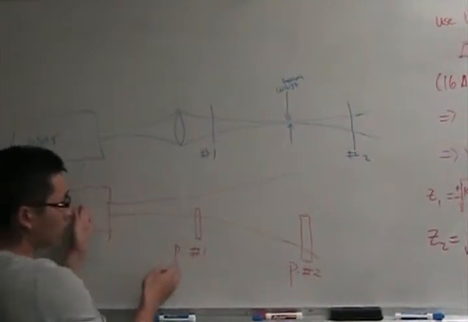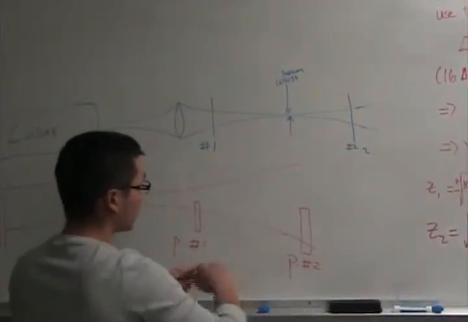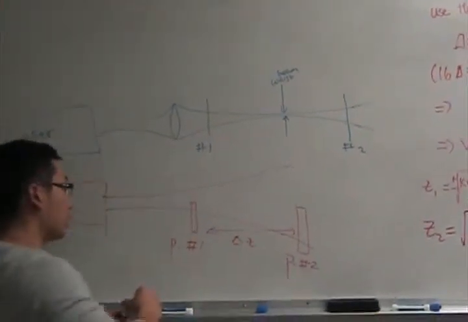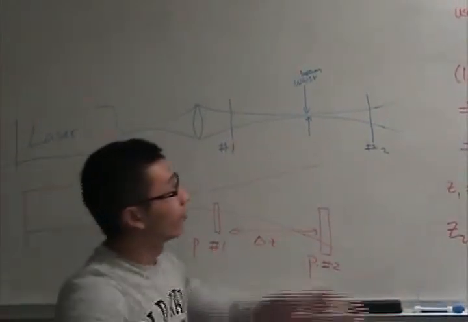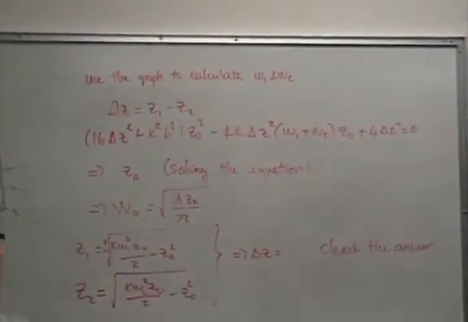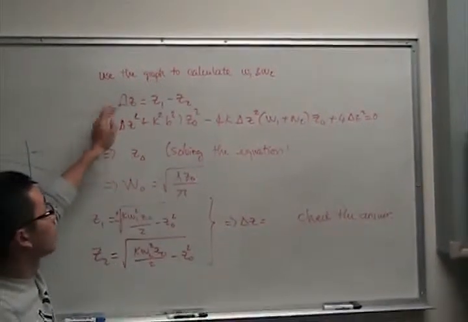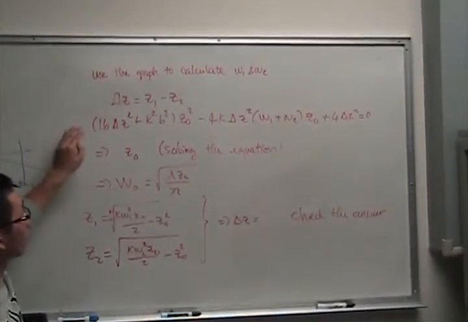We insert the knife edge in the first position and the second position. This is our delta Z right here. When we scan through the beam, we have the Gaussian shape, and from the graph we can calculate the widths W1, W2 by using the deviation. We know the distance delta Z from the measurement we got before, so we plug into the equation.